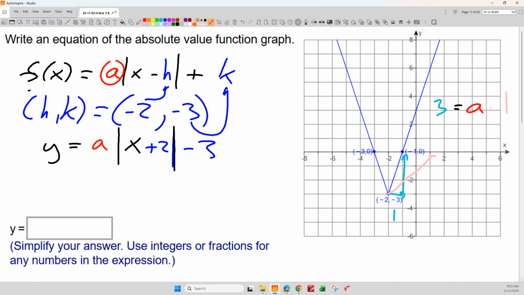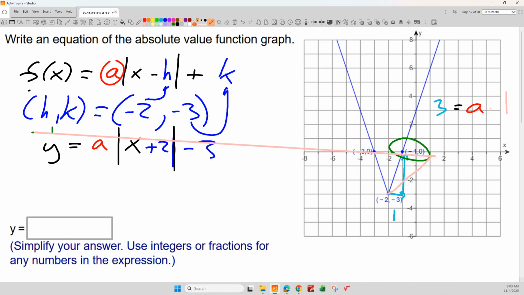I can see that this point right here gives me coordinates, so that's a solution of another point. That's a value of X and Y that work, right? I know that when X is -1, Y has to be 0.